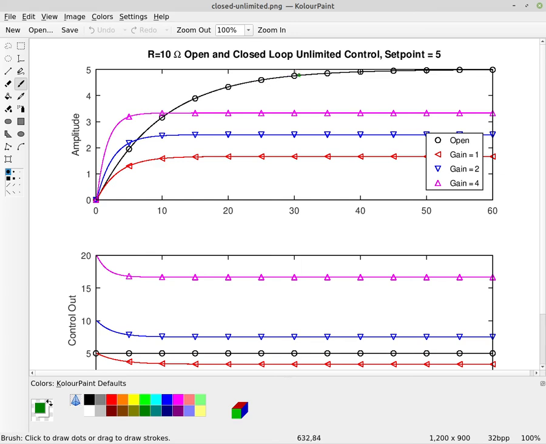If you look at this black line along here, you can see that the system is over damped. It's very slow. It's rising up and it finally settles out at 5.